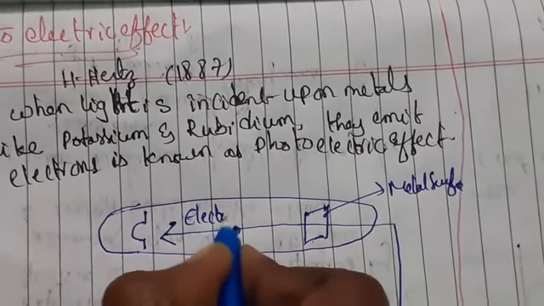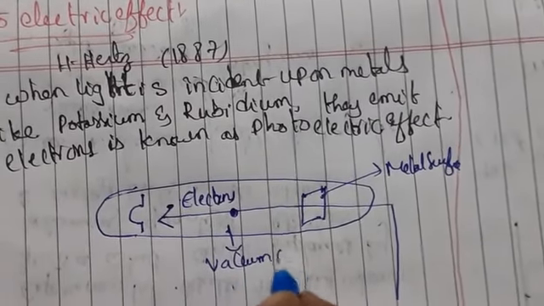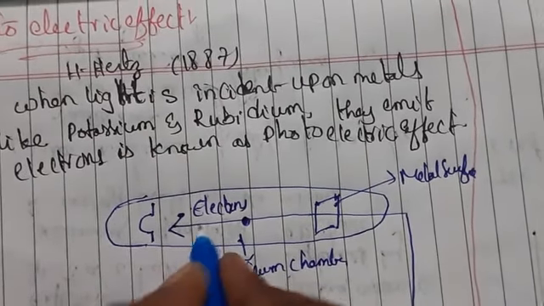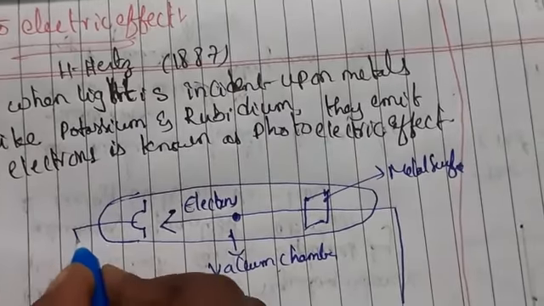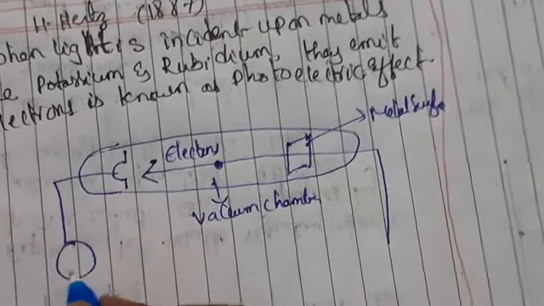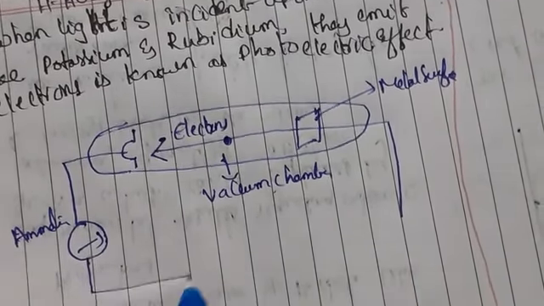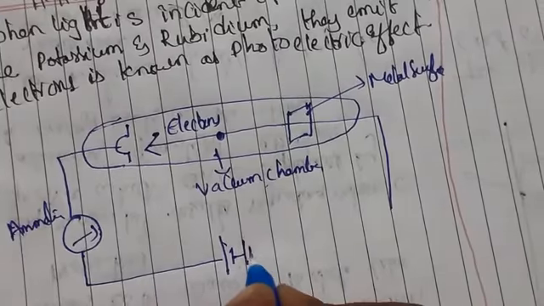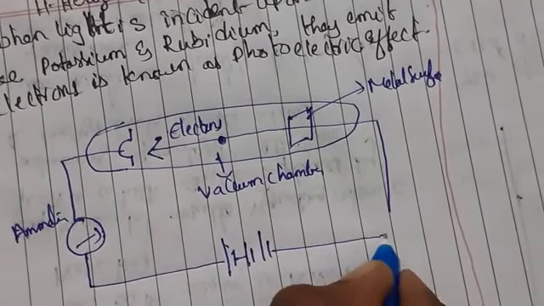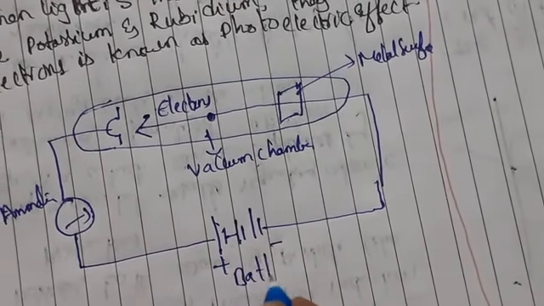These are electrons. This is the vacuum chamber. This is an ammeter. This is a battery. And this is a detector.